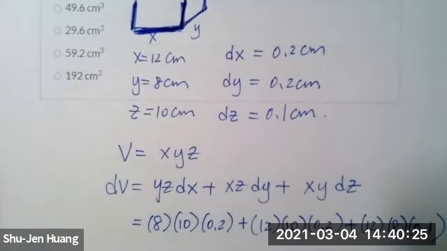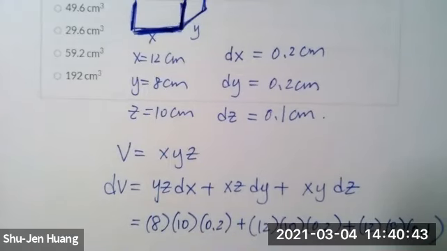Okay, so the remaining part, you just need to do the calculation. The numbers should not be too bad. So you can see that's 80 times 0.2, so you're going to get 16, right? So you just need to add all of them together here. All right, is that good?